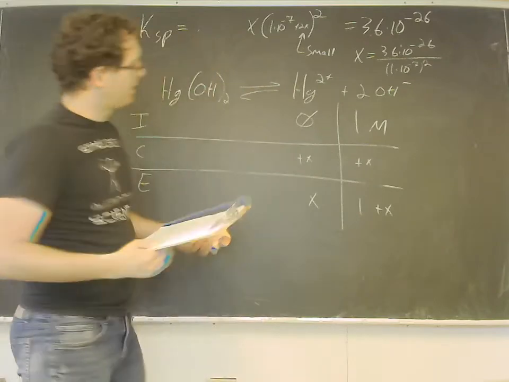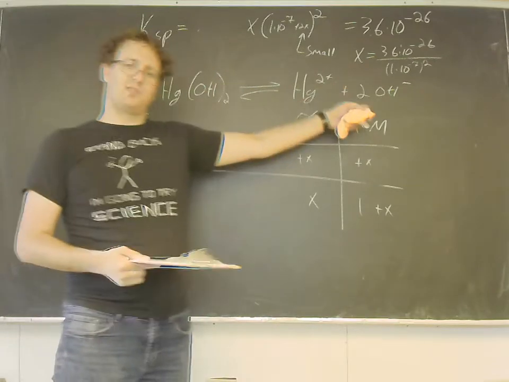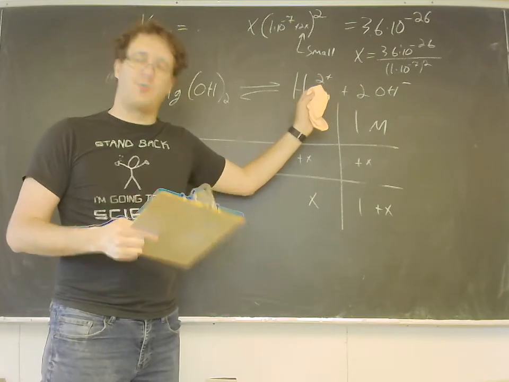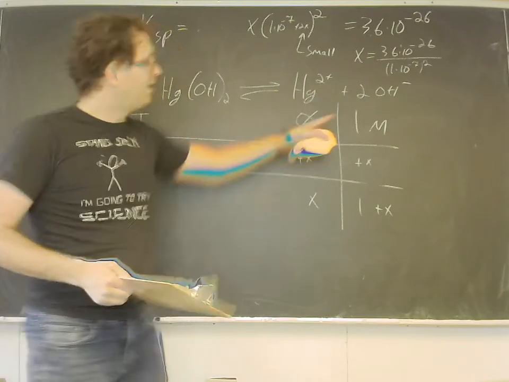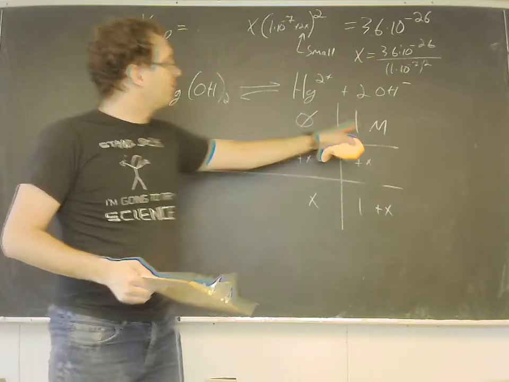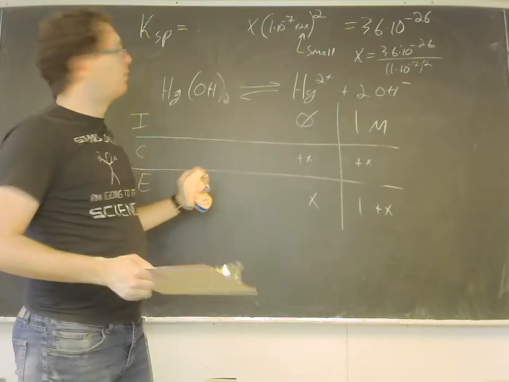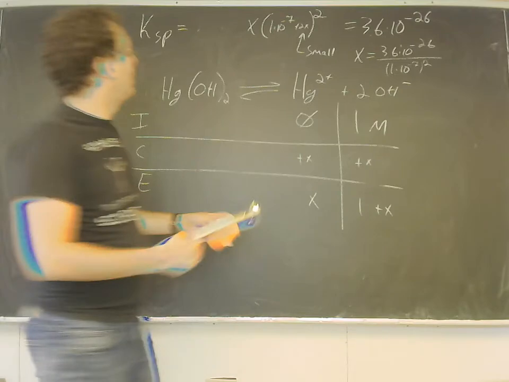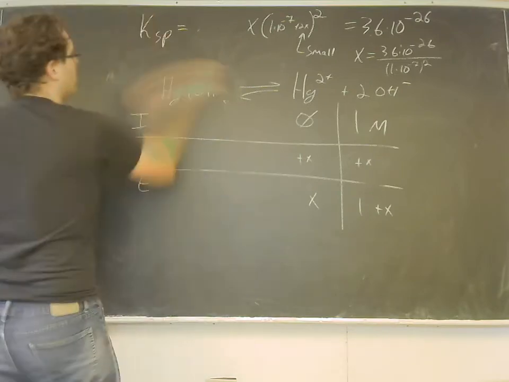Well, we can suspect from Le Chatelier's principle, did I say hydrochloric acid? Sorry, I meant 1 molar sodium hydroxide. So we have a lot of hydroxide already present. Le Chatelier's principle says that's going to push more toward reactants. We'll expect a lower solubility, and indeed the math gets very simple.